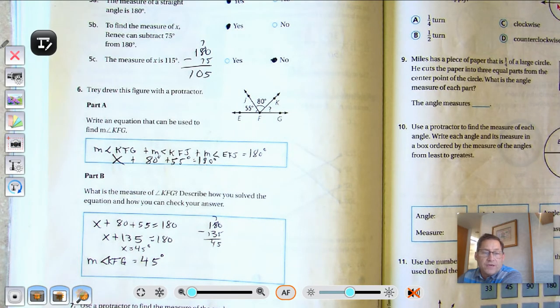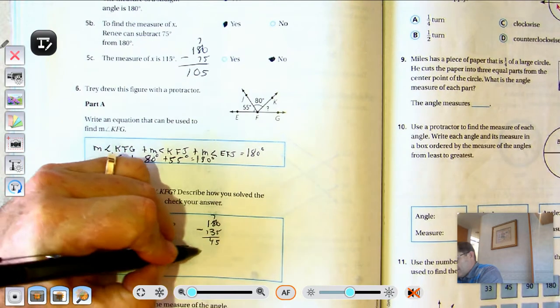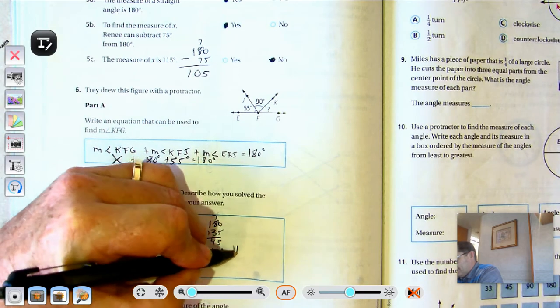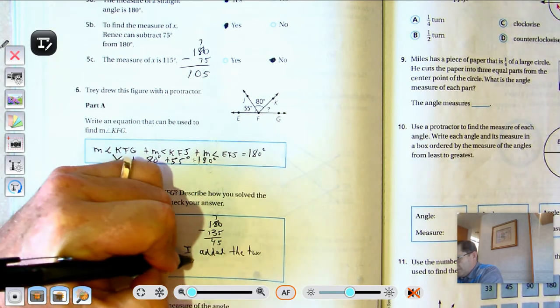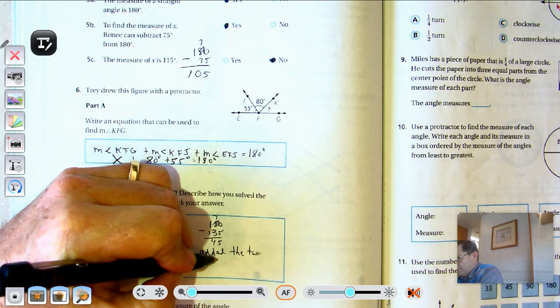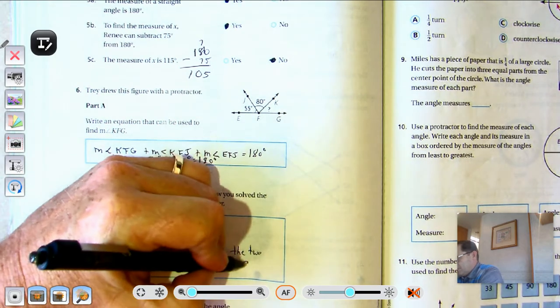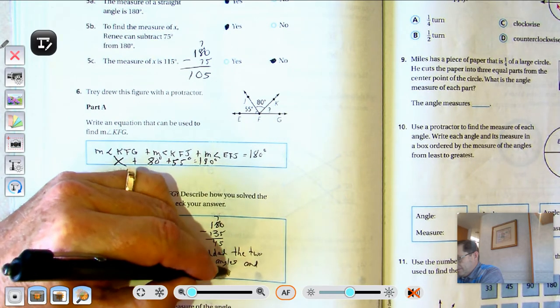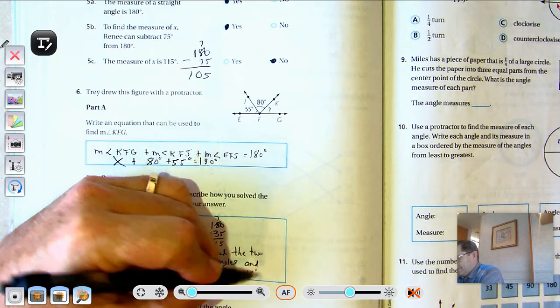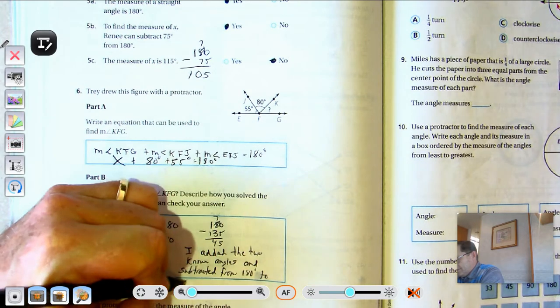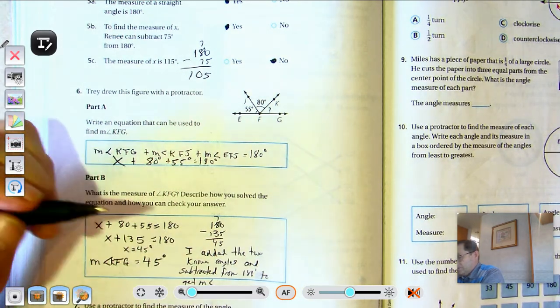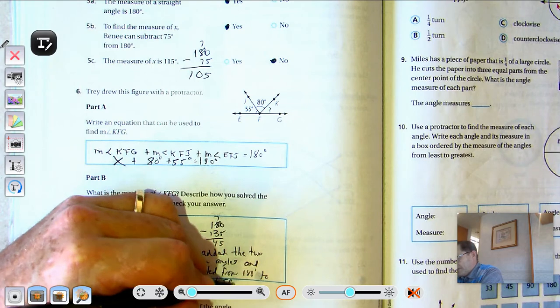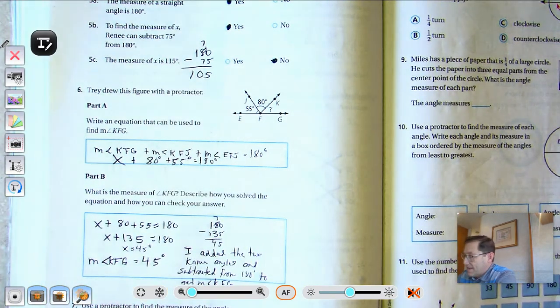Describe how you solve the equation. I added the two known angles, and subtracted from 180. We get the measure of angle KFG. All right, and it says how you can check your answer.